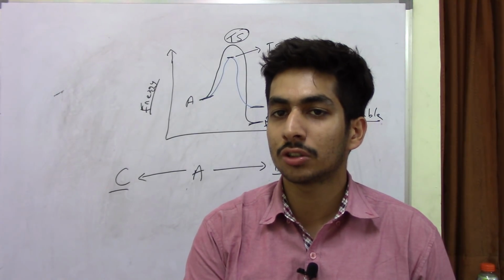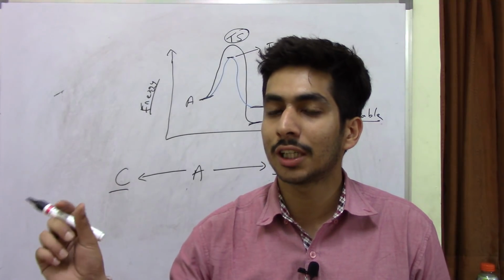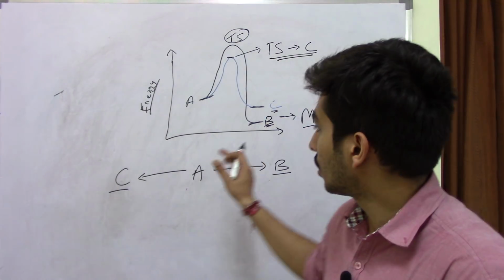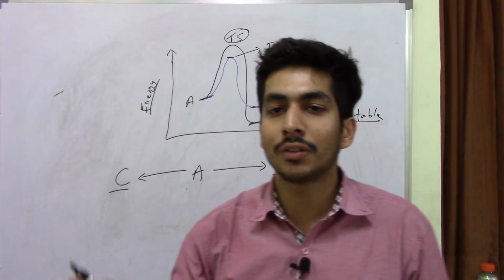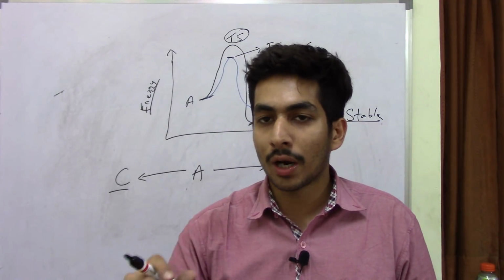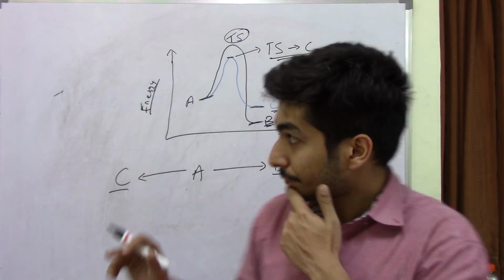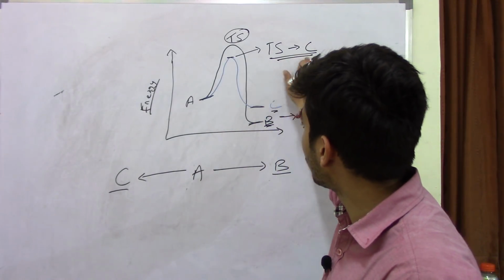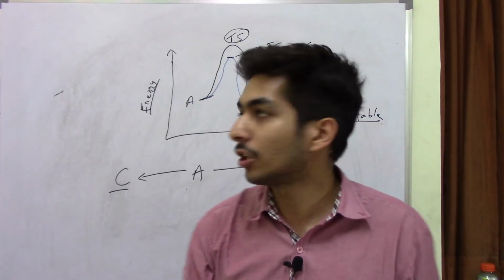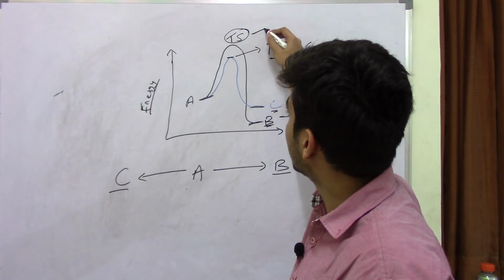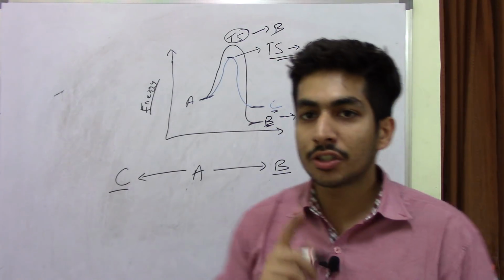So the energy of your product and the energy of the transition state that is required to generate that product are totally independent of each other. Now if you see over here, the transition state energy of C is lower than the transition state energy of B. This is the transition state energy of B, which is higher.